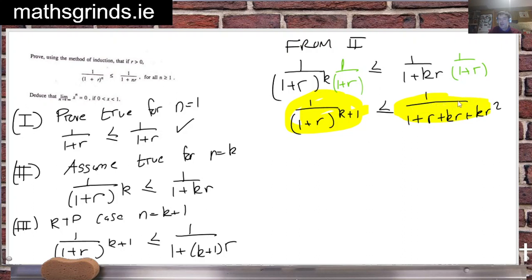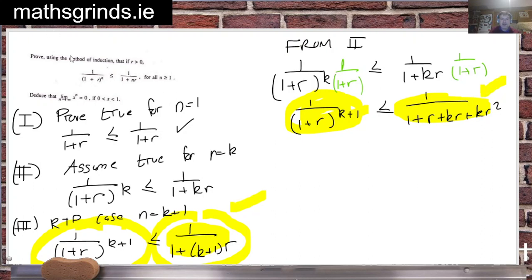So if we can show that this second piece here is less than this piece, we're done. Because remember, we're trying to show that this piece on the left is less than this piece on the right. So far we've shown that the left piece is less than this guy. So all that's left to do is to show that this guy is less than this guy.